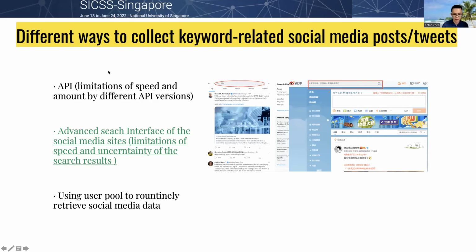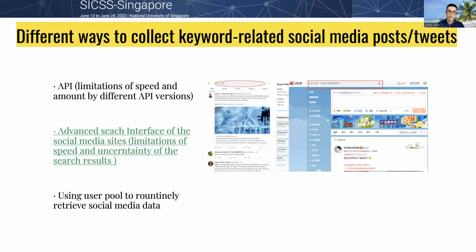In this part, we just want to focus on one of the most common social media data collection actions. We always want to collect tweets or posts or some content related to a specific issue, such as on Twitter, we want to collect Black Lives Matter tweets.